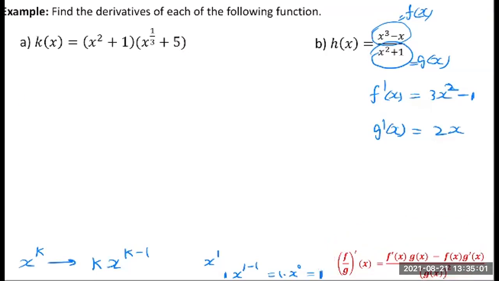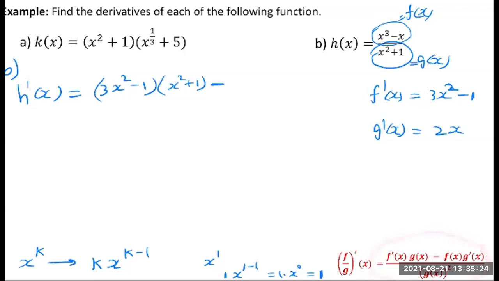So h, part b, okay? h prime of x is equal to f prime of x, that is 3x squared minus 1, times g of x. Your g of x is x squared plus 1, minus, in the middle you have a minus sign, okay?